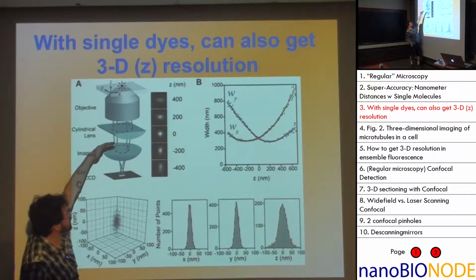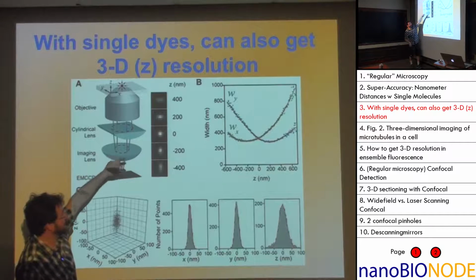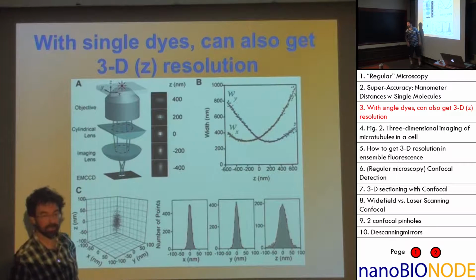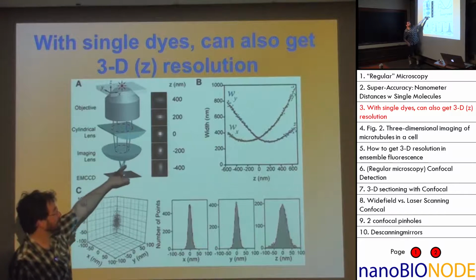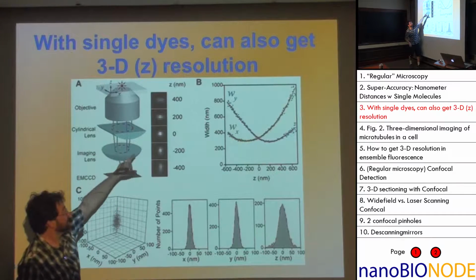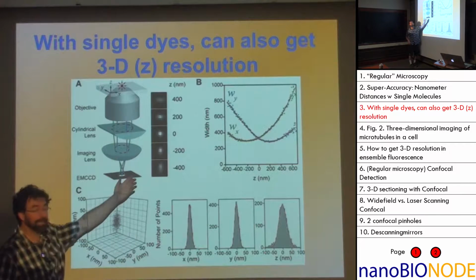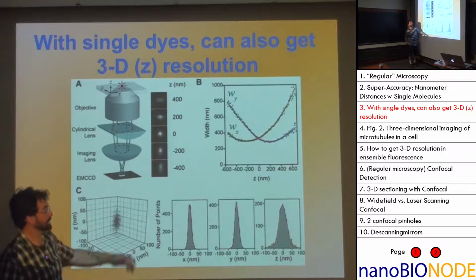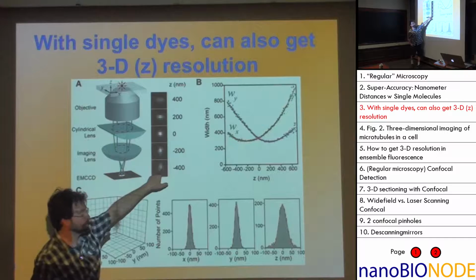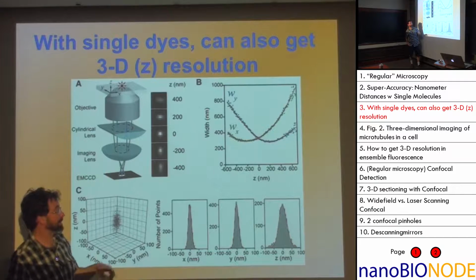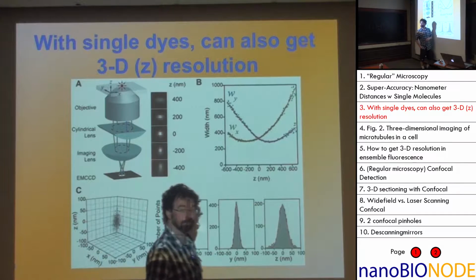If the Z-axis is below the plane, then in one direction, in this direction called the Y, it becomes elongated, and the X essentially is not changed. So by determining the ratio of X to Y, you can get the Z-axis out of it. So you determine the center in terms of X and Y, and you determine the ellipticity, essentially, in Z.